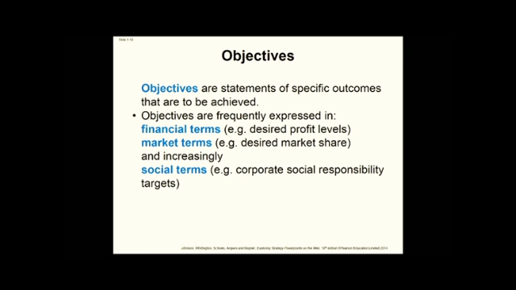You can have things like reduce over the next 10 years our total corporate emissions of greenhouse gases by 50%, or increase the percentage of women in managerial ranks from whatever it is now to 40% at least, or something like that. Again, they're general objectives in the sense that there's absolutely nothing about how we go about achieving them, but they are clear strategic objectives that all of the rest of the operations of the organisation are geared towards achieving.